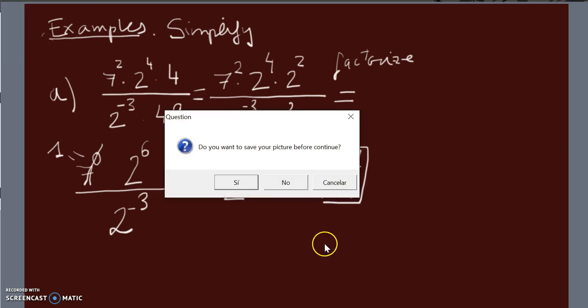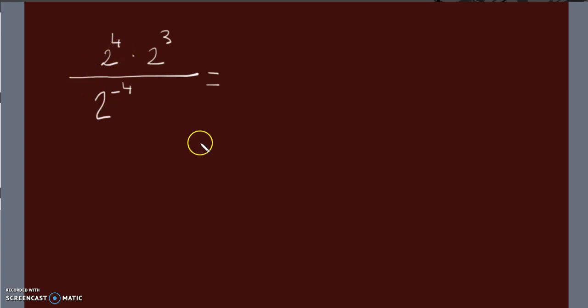One important thing when we are operating with powers is this. Let me write this example. You can move the numbers in the numerator or denominator to the other side of the fraction. And how are you going to move these numbers?